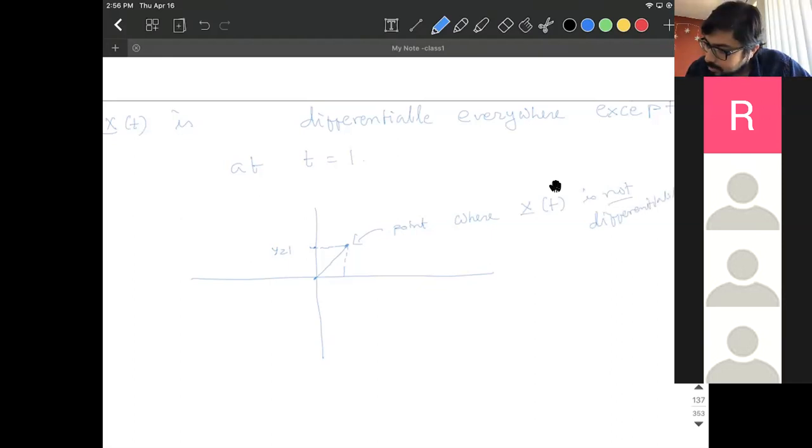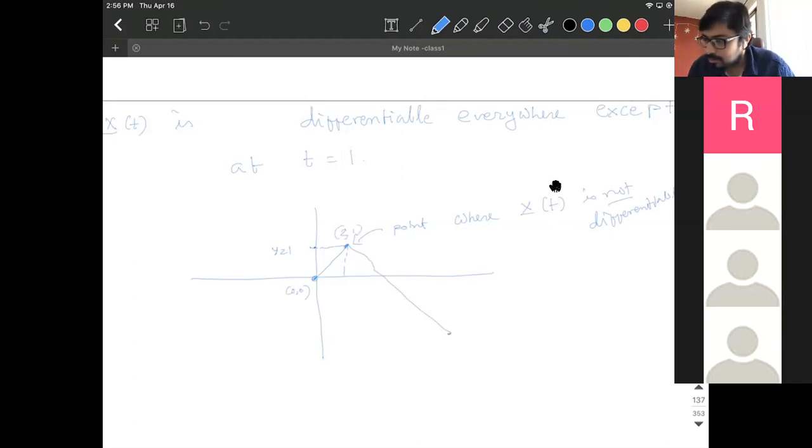And then once again from here, it continues. So this should be a straight line. So this is (0, 0), and this is (2, 1).